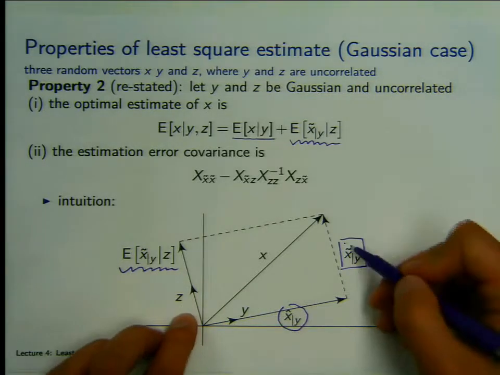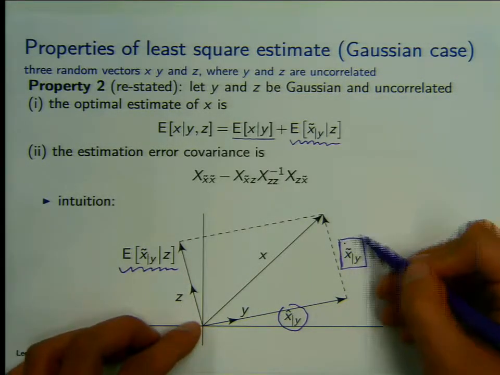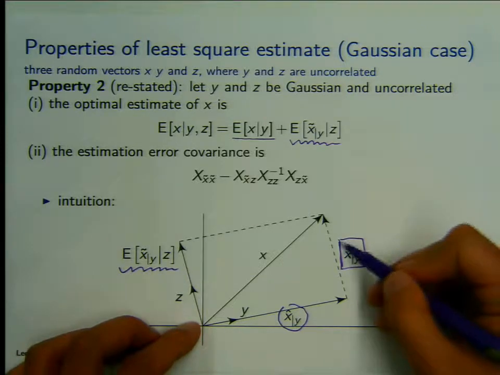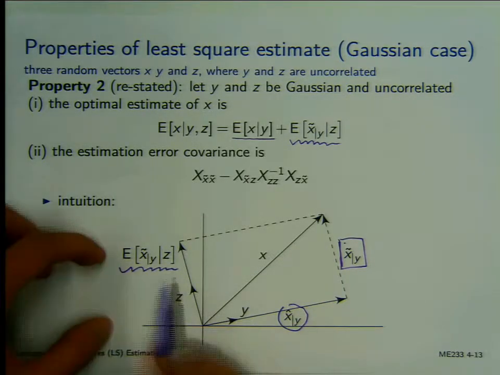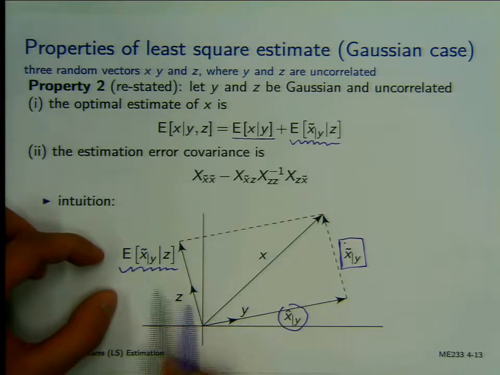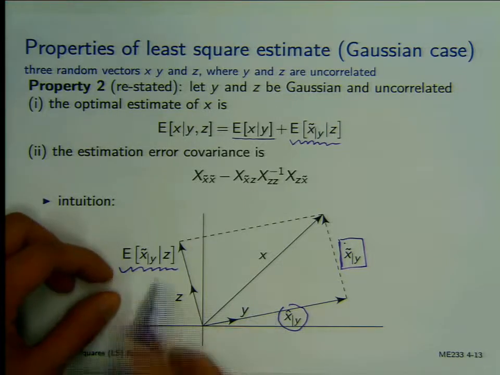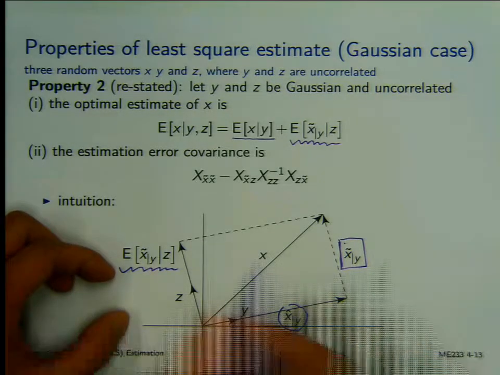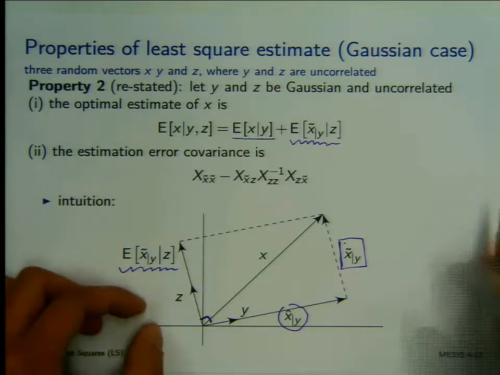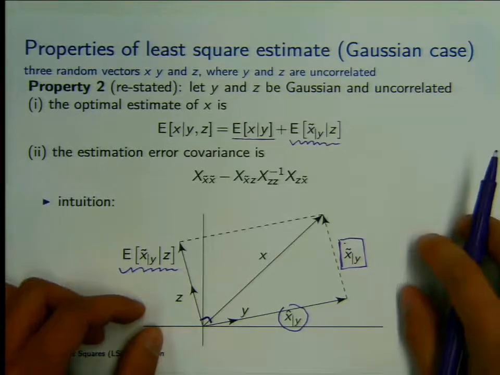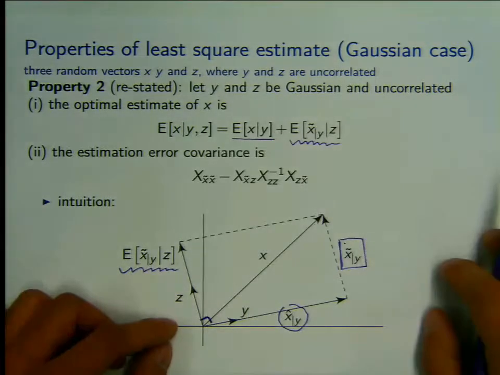Now, if I would just do a projection of this guy onto this direction here, which is the expectation of this conditioned on z, then sum them up in the end. And I can directly sum up because they are orthogonal. There's no cross-correlation, cross-covariance terms in between these two.